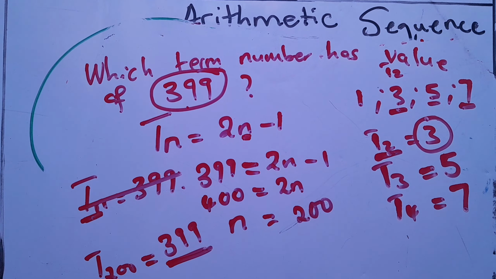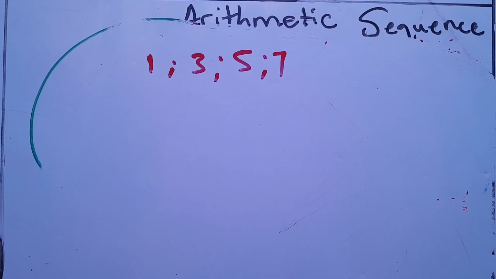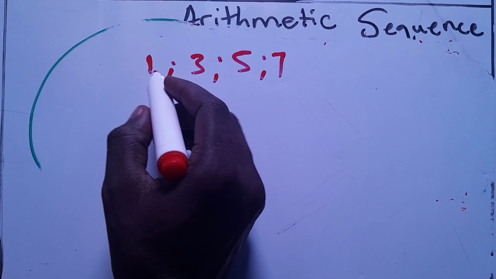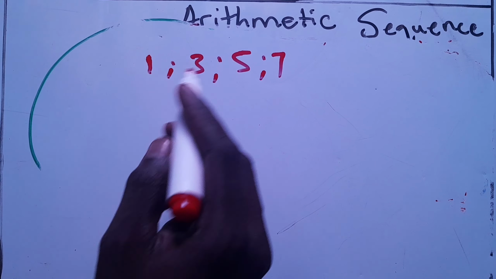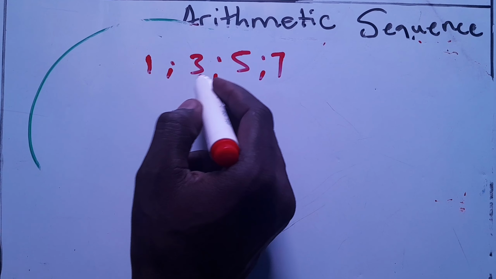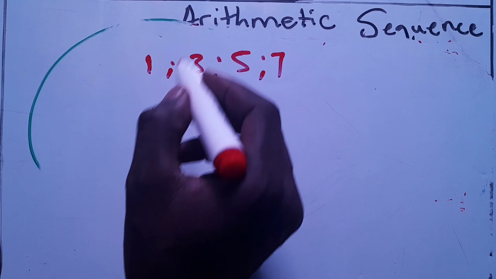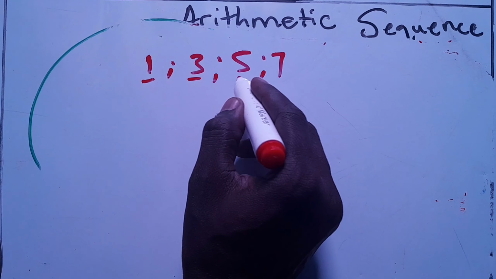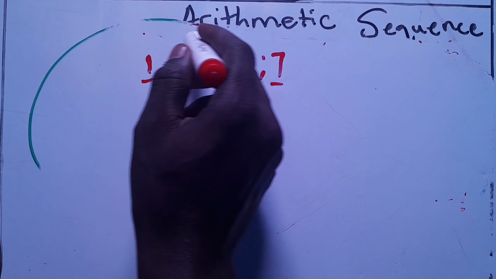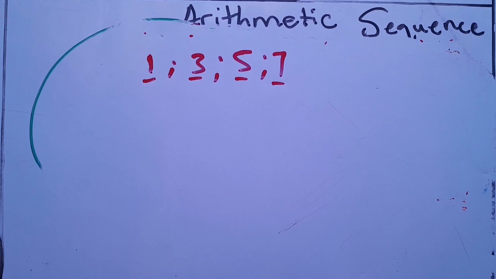Let me re-explain this again. Don't forget that this is term number 1 and its value is 1. Term number 2, its value is 3. Term number 3, its value is 5, and so on. So these are the values of the term numbers respectively, right?